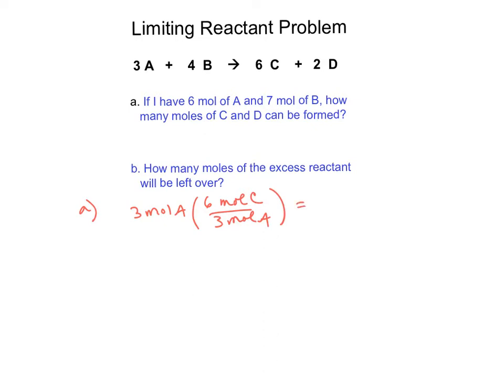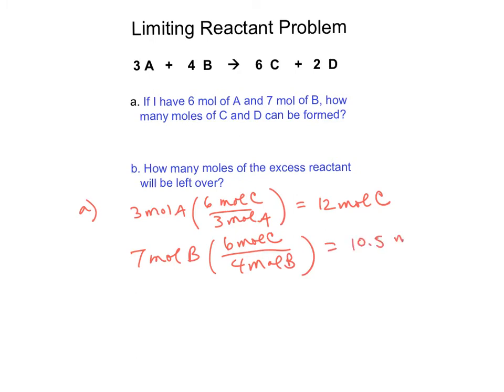And so this is going to be equal to 6 times 2, which is 12 moles of C. Then we're going to calculate C again from our other ingredient, 7 moles of B. So 6 moles of C for every 4 moles of B. And this one is going to be 10.5 moles of C.